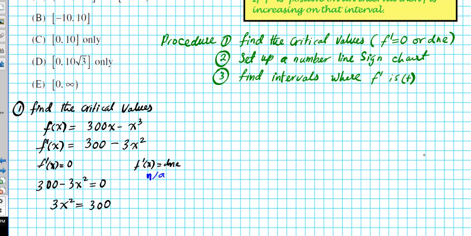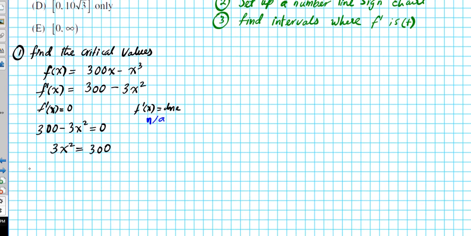Divide both sides by 3. That yields x squared equals 100. And then we are going to take the square root of both sides. Now one thing you want to keep in mind is that anytime you take the square root of a square, you have to introduce the positive and negative roots.